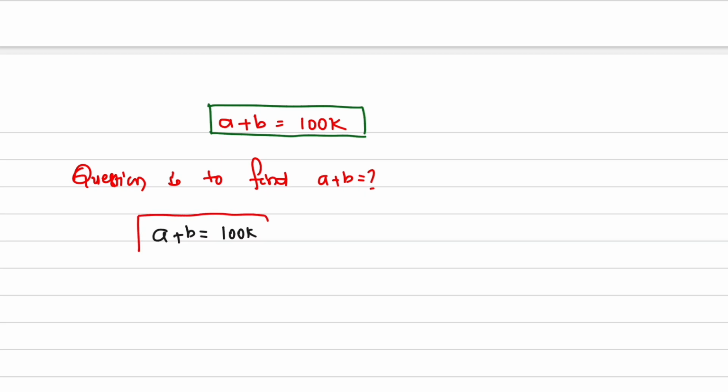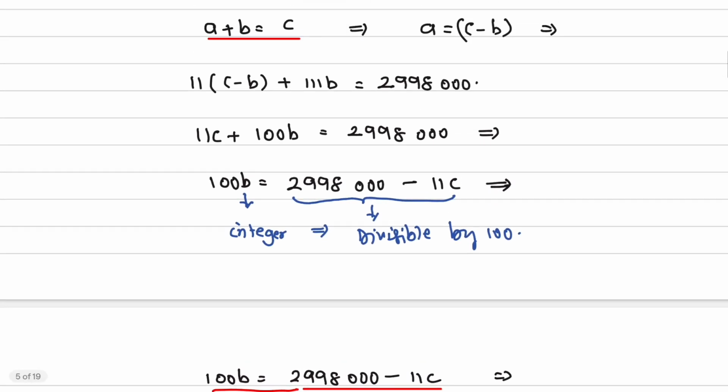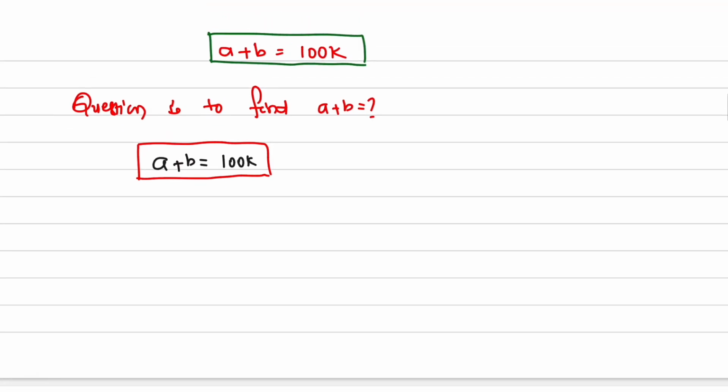This is what is given. Given these conditions, what will be the value of K? That decides A plus B. Now, we have to find out the K value.